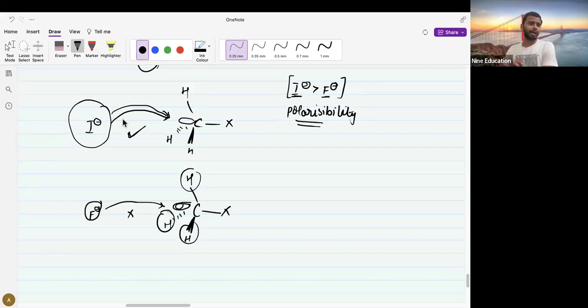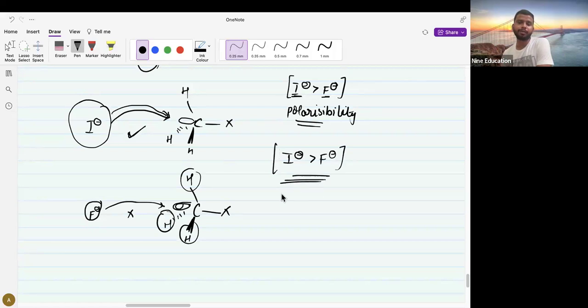Let's say I am very tall, let's say I am 6 foot. From above only I can take the things which is kept in the kitchen. And let's say when small boy is there, my small brother or my small sister is there, she will do like this. अरे यार क्या करूँ मैं, इसको कैसे लूँ? How can I attack on carbon? So from here only you will come to know that iodine minus is a better nucleophile with respect to fluorine minus.